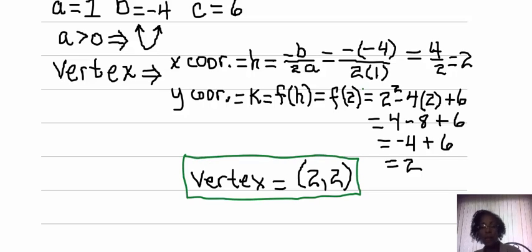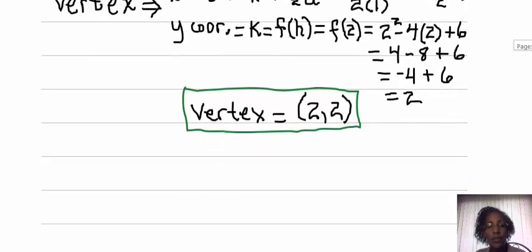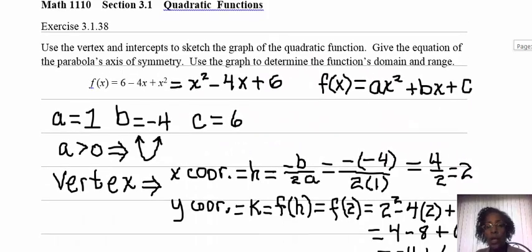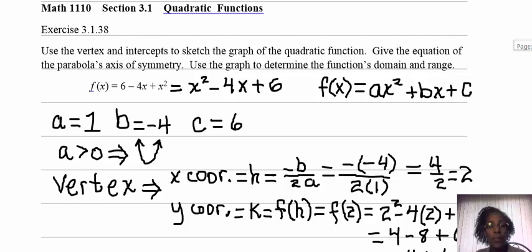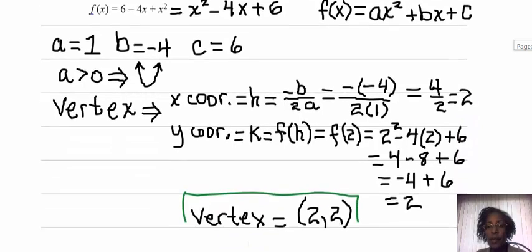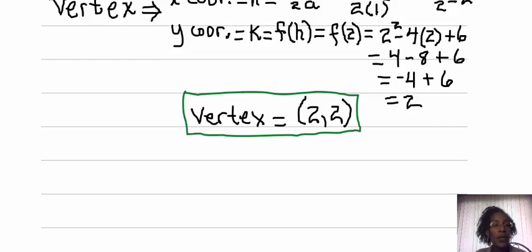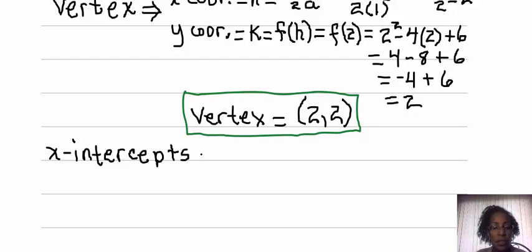The other thing that we want to do is the problem told us to use the vertex and intercepts. When we try to find the x-intercepts, those are the point or points of the parabola that lie on the x-axis.